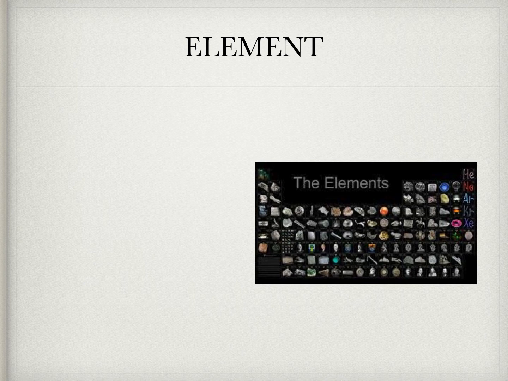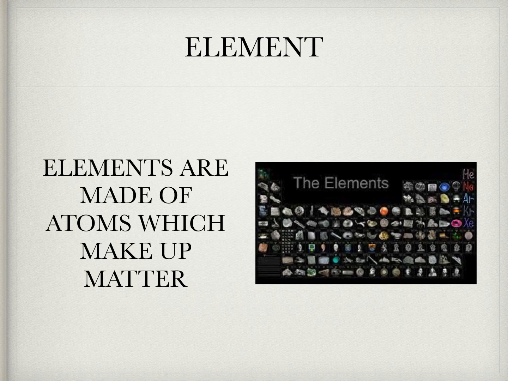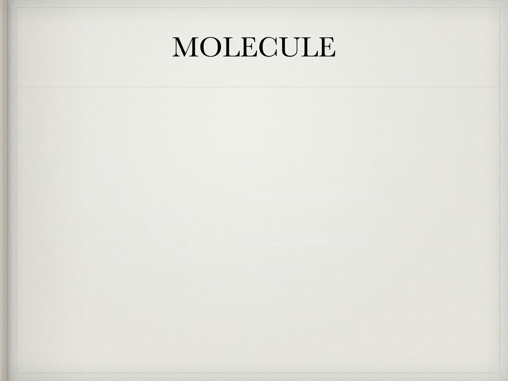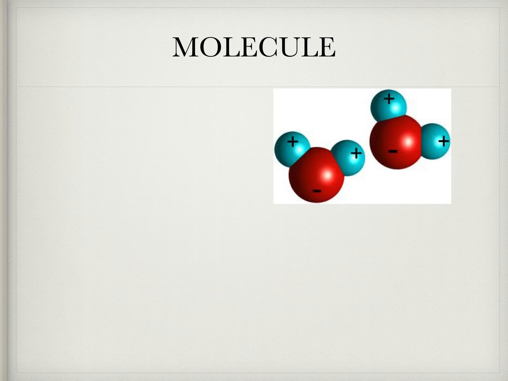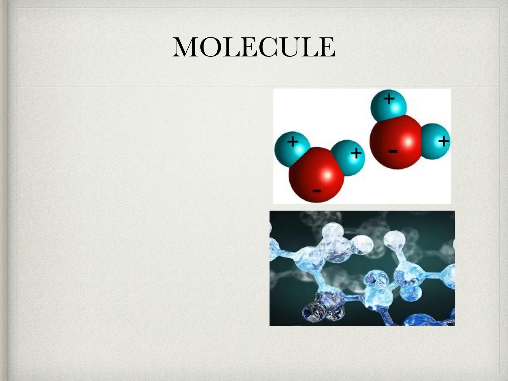So here is a picture of the periodic table of elements, but elements are made of atoms, which make up matter. Atoms come together to make elements, and then the elements come together to make up the next word, which is molecule. Here's a picture of a Mickey Mouse looking thing, but that's actually a depiction of what a water molecule looks like.